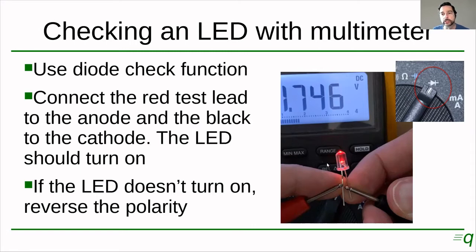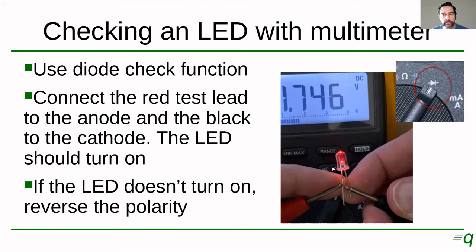So that should make the LED turn on, and it also is going to show what the voltage drop is across the LED. We don't know what the current is through the LED. It will depend on the multimeter itself, but this is not going to put a lot of current, probably around 1 milliamp.